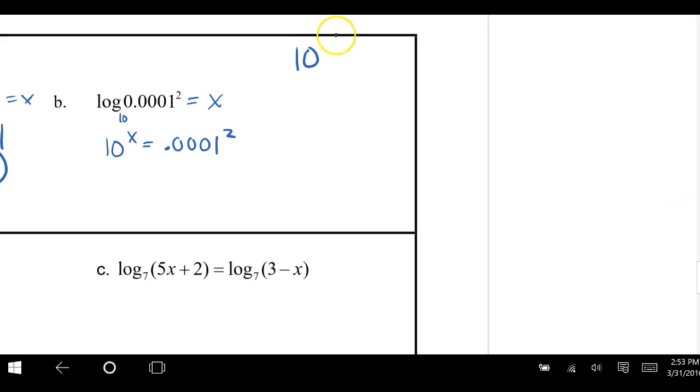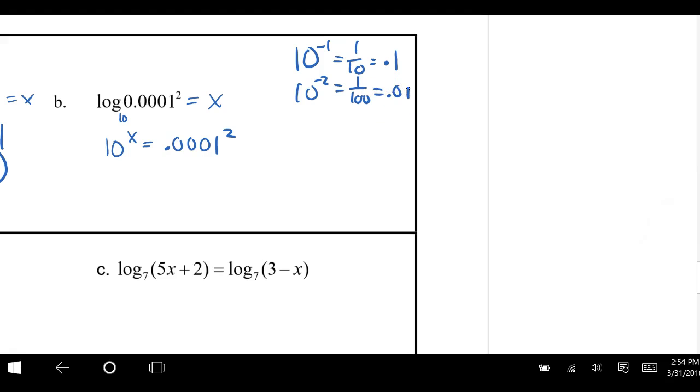Okay, so if we take a look over here, 10 to the negative 1 is equal to 1/10, which is also the same as 0.1. 10 to the negative 2 is equal to 1 over 100, which is equal to 0.01.